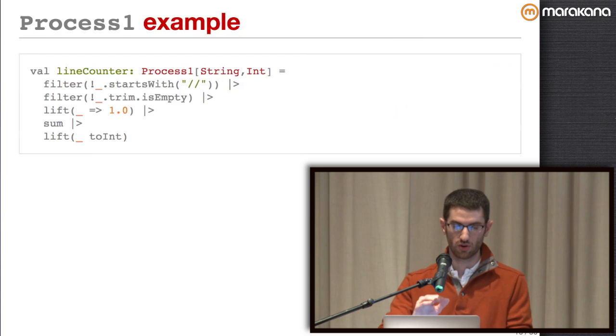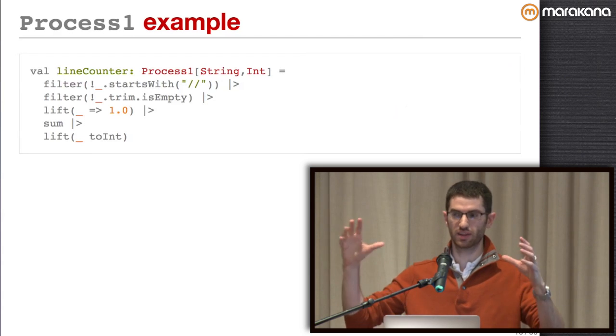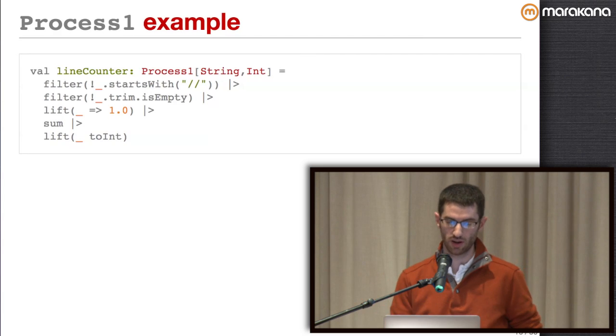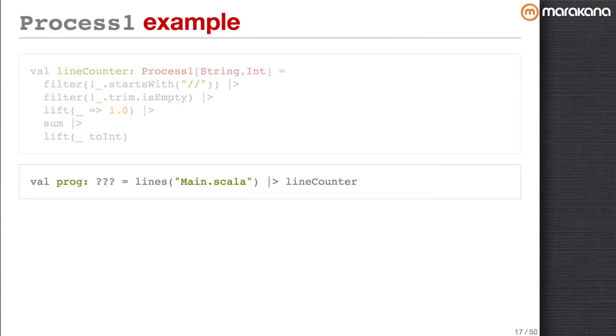And this is all going to fuse together as if we had written this as one big monolithic loop. Pretty much as soon as values are emitted by the filter, they're going to be consumed by the next stage and so forth. And I mean, this is a nice little programming model. We're getting to assemble these complex loops from simpler pieces and still get the same overall efficiency as if we had written things in a more monolithic way.